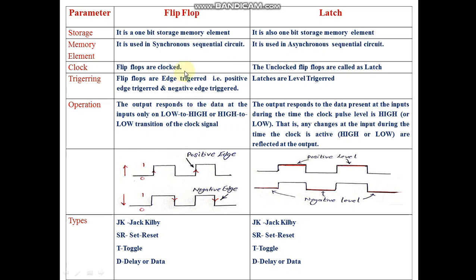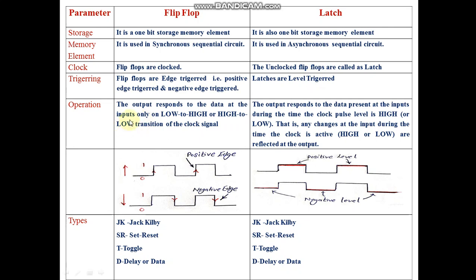Flip-flops are clocked, while latches are not clocked. Flip-flops are edge triggered, which are divided in two categories, either positive edge triggered or negative edge triggered, while latches are level triggered. I will introduce the difference between edge triggering and level triggering.